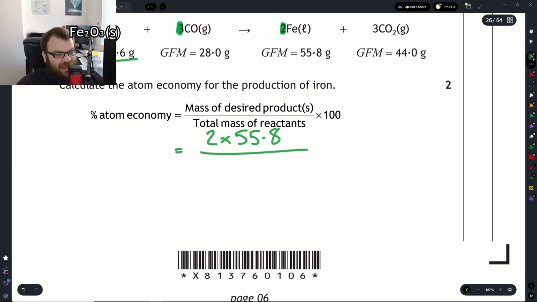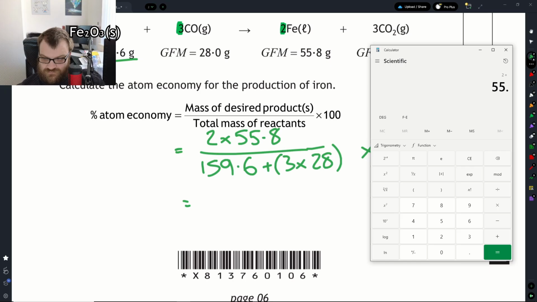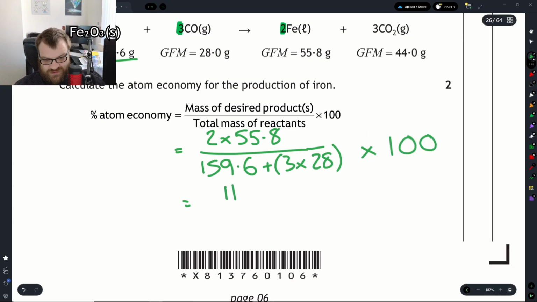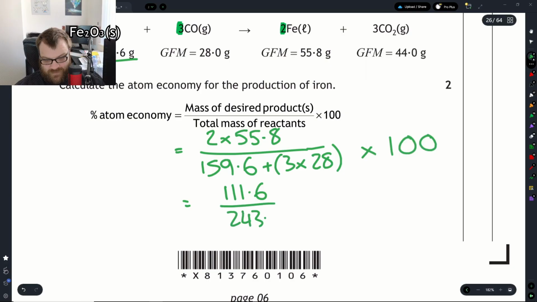We have 1 Fe2O3, which is 159.6, plus 3 times 28 for the CO. That all has to be times by 100. So 111.6 divided by, I'll do the 3 times 28 first, plus 159.6, 243.6, times 100.